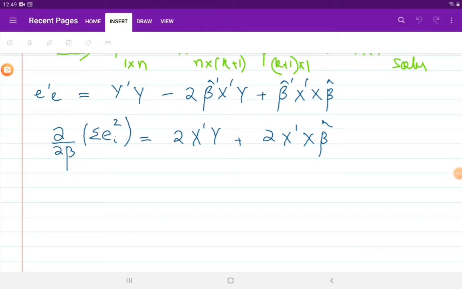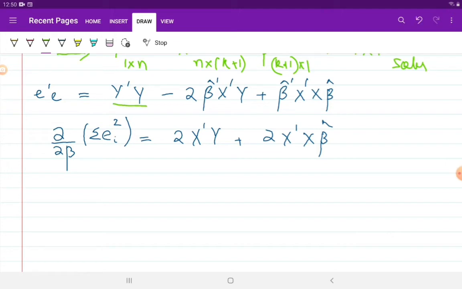Here you have to remember that when you're differentiating with respect to the matrix of beta, without going into too much detail, differentiating with respect to beta and differentiating with respect to beta transpose has the same effect. The first term does not have any beta terms, so its derivative will be 0. The second term has one beta hat transpose, so you get the derivative as 2 times x transpose y.